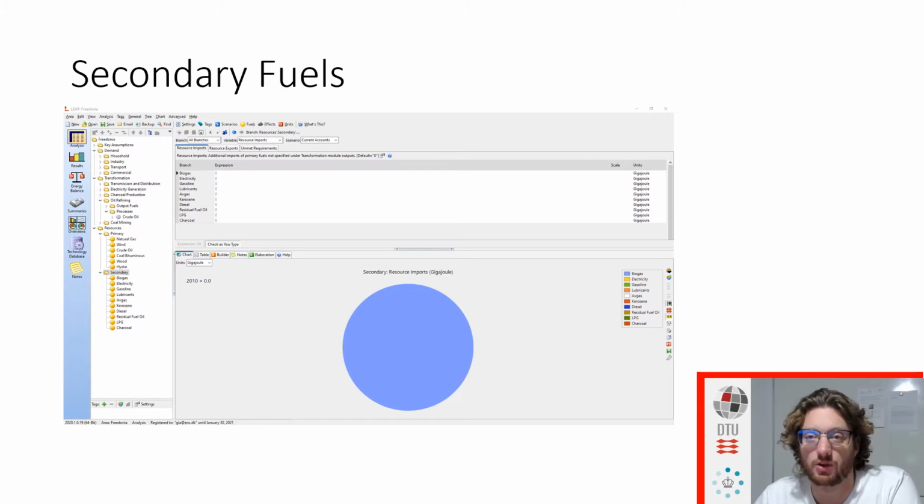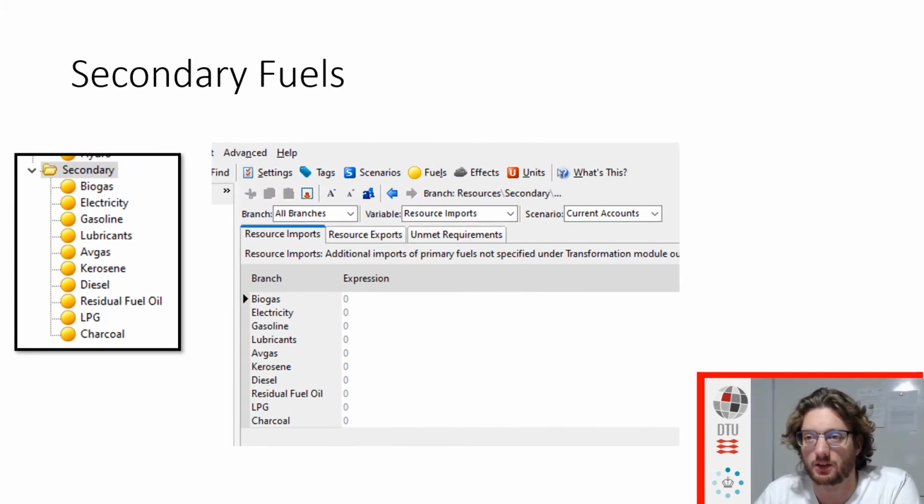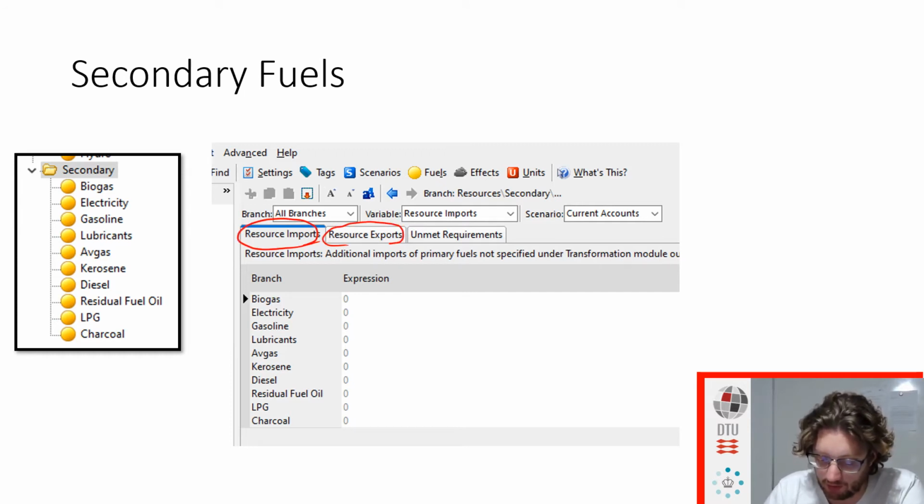First we're going to talk about the secondary fuels. Looking at the secondary fuels and their tabs, we can see it's actually quite simple here. They all are the same. All the secondary fuels are not mined, and that again is a post-process fuel, so we will not be talking about reserves or anything like that for this. The only thing we can do, before we even go further upstream to our primary fuels, is force some imports or force some exports.